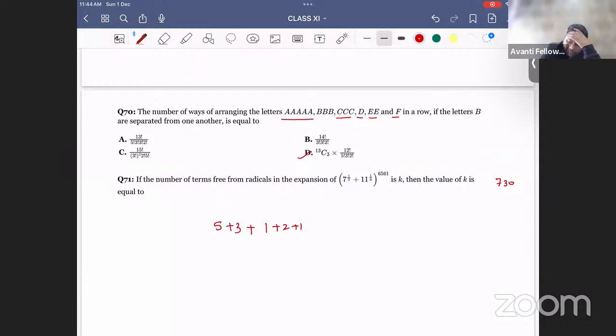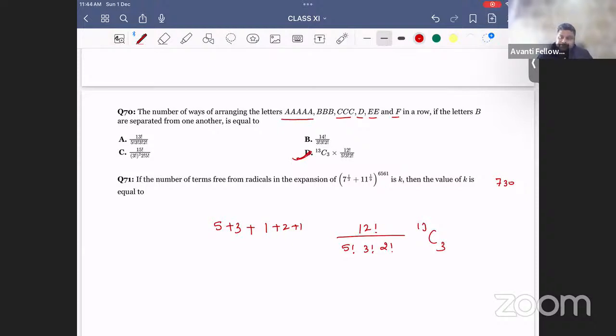So it is going to be 12 factorial upon 5 factorial, 3 factorial, 2 factorial. Yes or no? Now, after arranging these 12 letters, there will be 13 gaps. Out of those 13 gaps, select 3 gaps for B and place B at those 3 selected gaps in one way. So this is your answer.